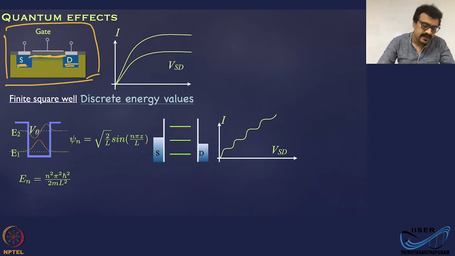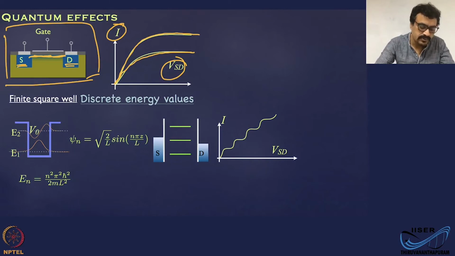Okay, and the source-drain characteristics, or IV characteristics, VSD versus the current, you will get a curve as shown, and these are two IV curves shown for different gate voltages. This is for one gate voltage, this for another gate voltage. There are two curves here. Okay.